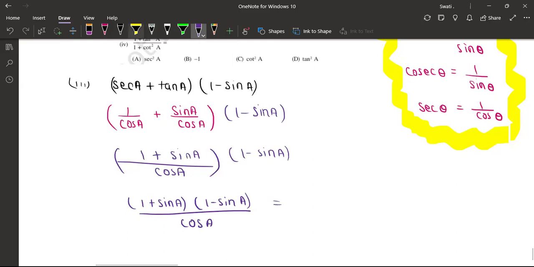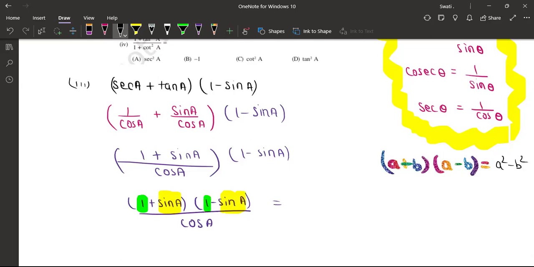Yes. Now if you notice, again a formula is visible here. If this is a then this is also a, and if this is b then this is also b, and you can also see that there is plus and minus. So is it not in the formula of a plus b into a minus b? And this is also a very famous formula. What is a plus b into a minus b? It will be a square minus b square.